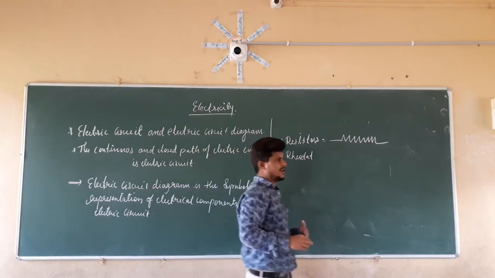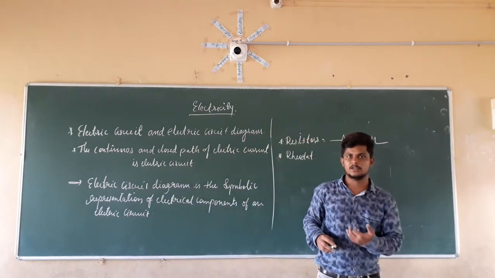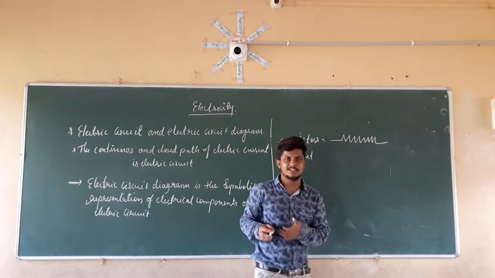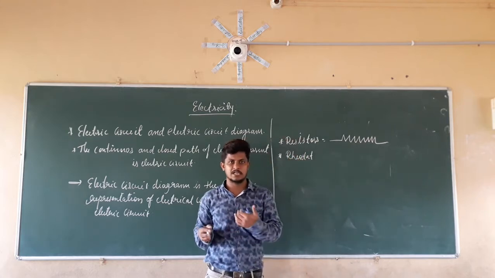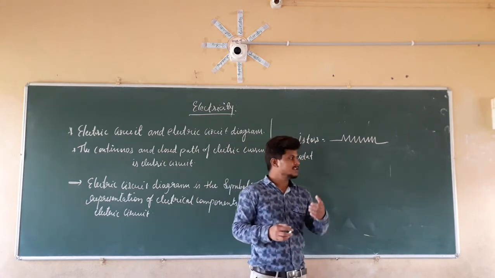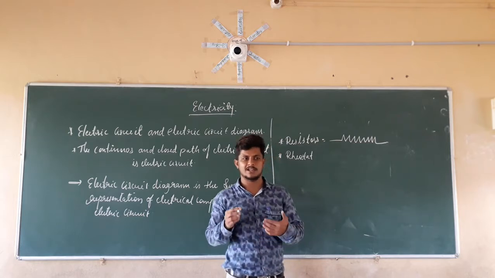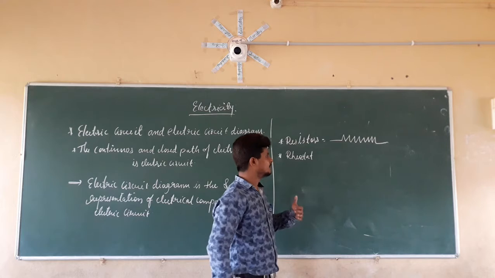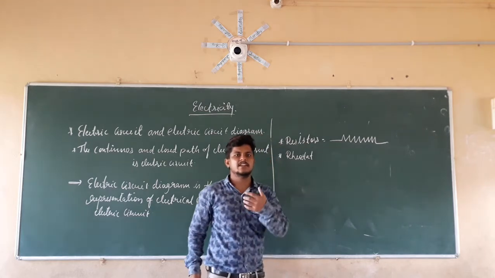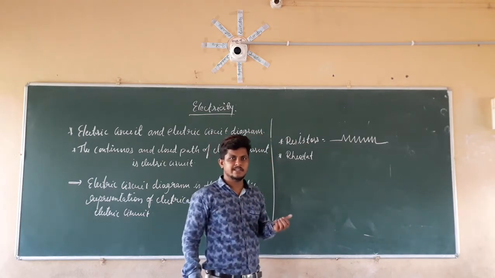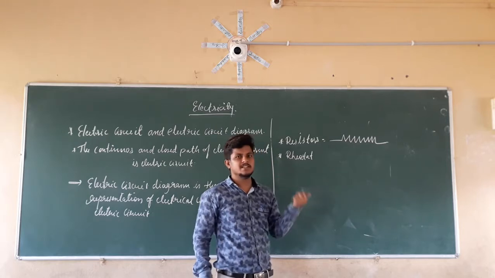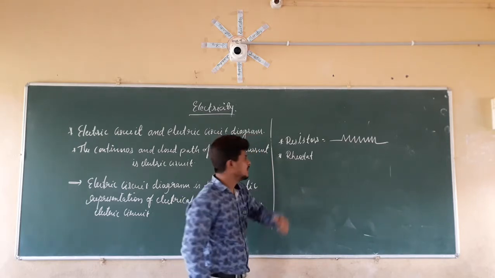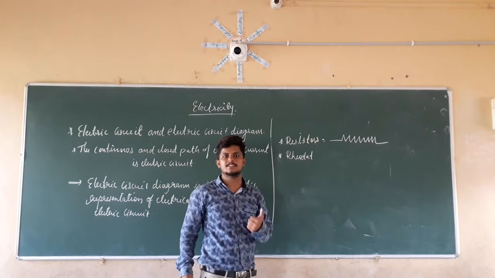In the lab, while doing the practical, we should change the resistance so that we get observations of values, so that we can do experiments regarding electricity. At that time, we require variations in the resistance. That variation in the resistance can be done using the equipment known as the rheostat.